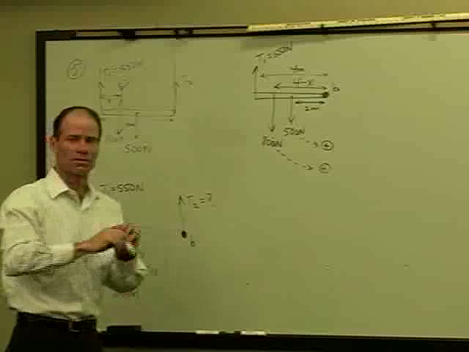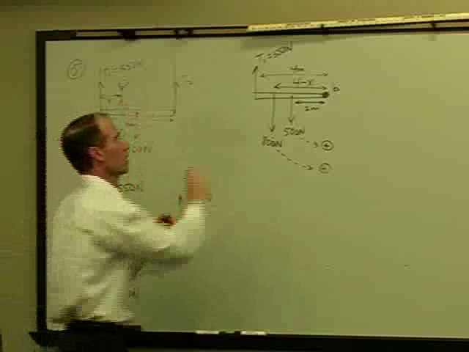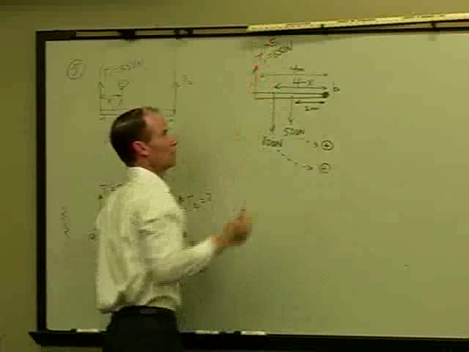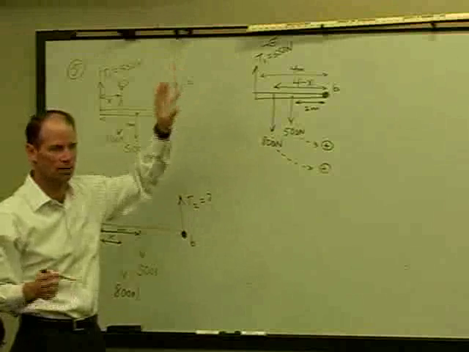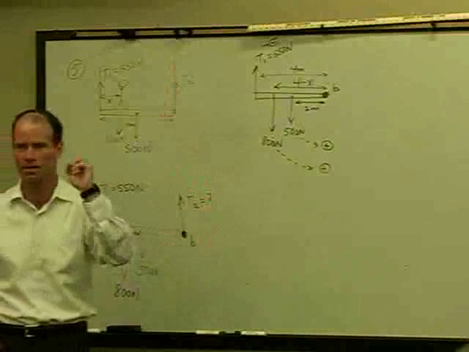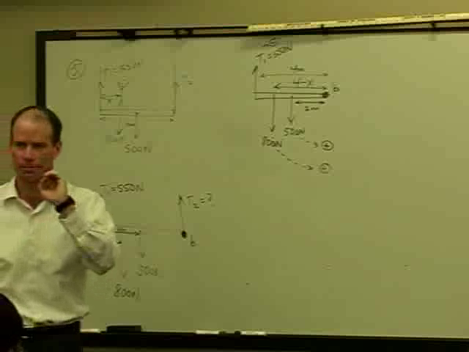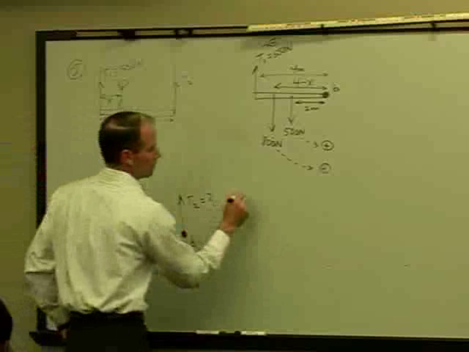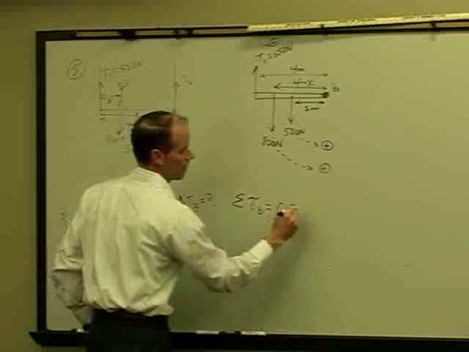And that's trying to make it rotate clockwise, which would be a negative torque. As a result of these three torques, two of them positive, one of them negative, if I add them all together, I get 0 because the scaffolding is not rotating at all in reality. So no net torque. So the summation of all the torques about B should be 0.